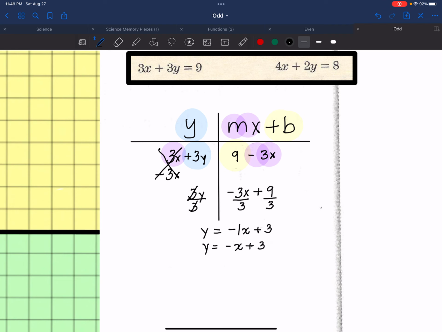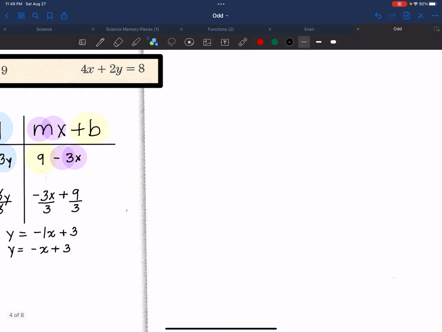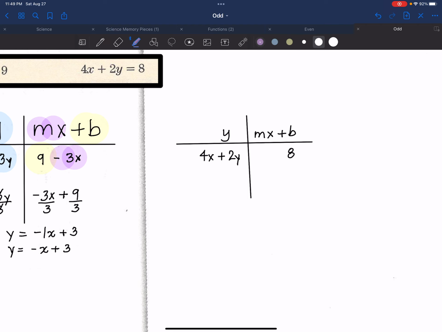Okay, so I've got that equation in slope-intercept form. Now I need to do that for my other equation. So again, I'll draw the pattern of what I want. So we want y equals mx plus b, and we have standard form 4x plus 2y equals 8. I'll tell you what, let's put that 8 under the constant because that's where it matches up.